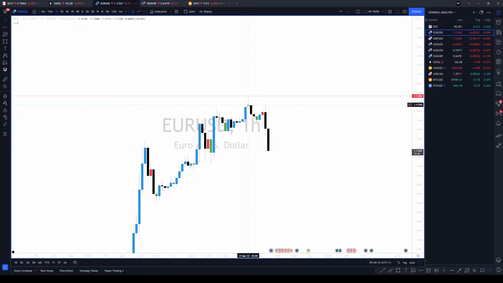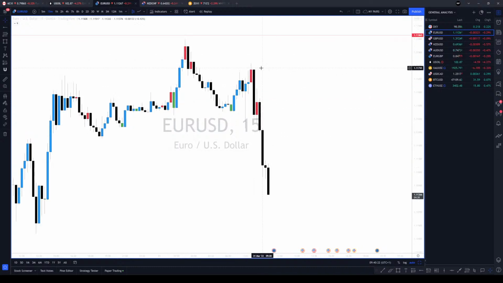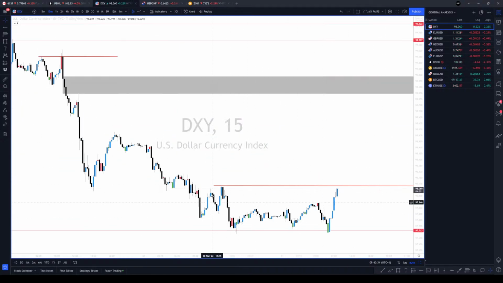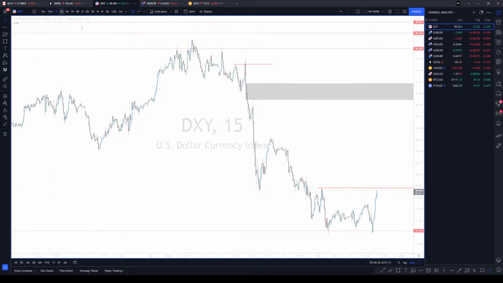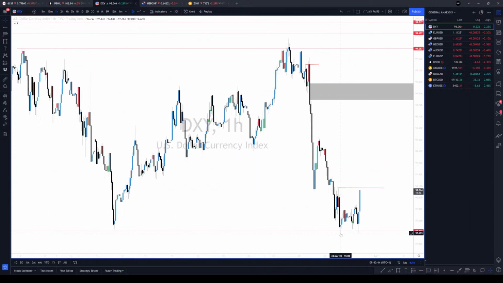Price trading back into the order block at exactly that 7:30 time. You drop down to the 15 minutes, you can see that 7:30 time, that's when it was traded into that order block. And what I saw was initially the dollar index taking out previous equal low in here, and then price rejected.